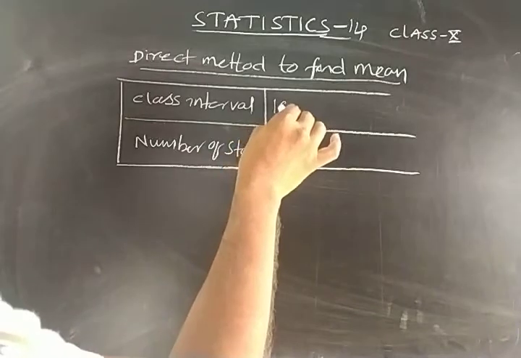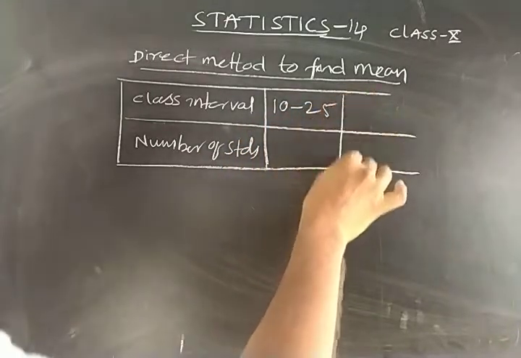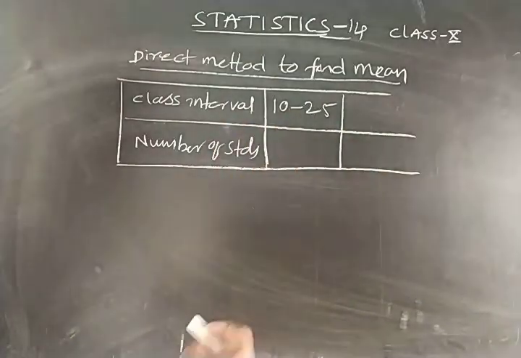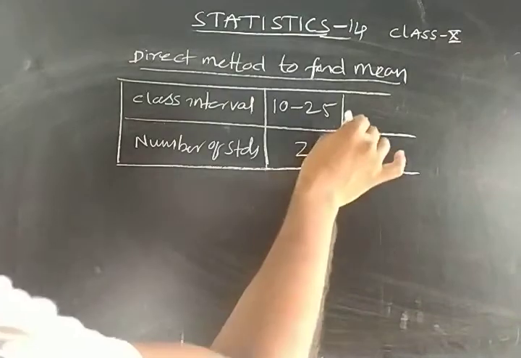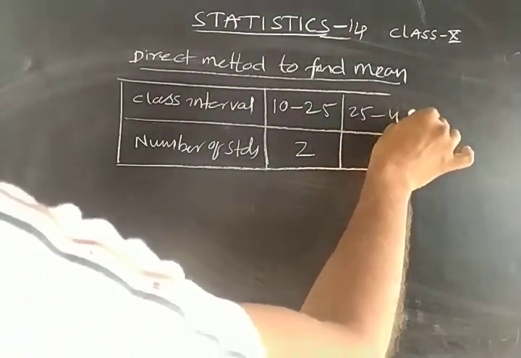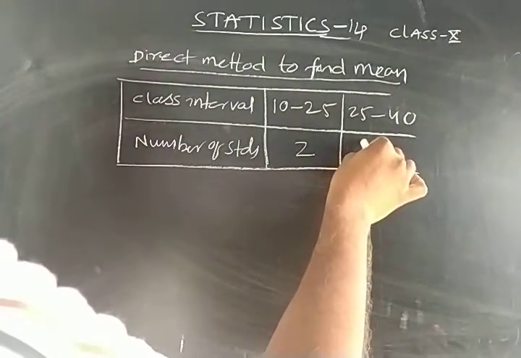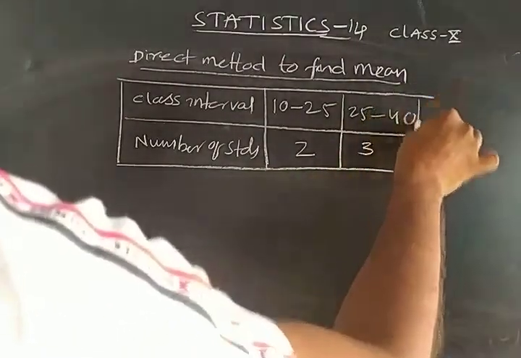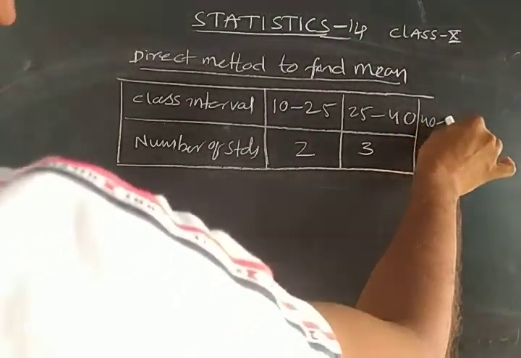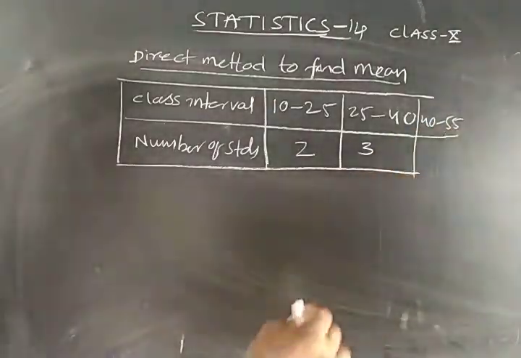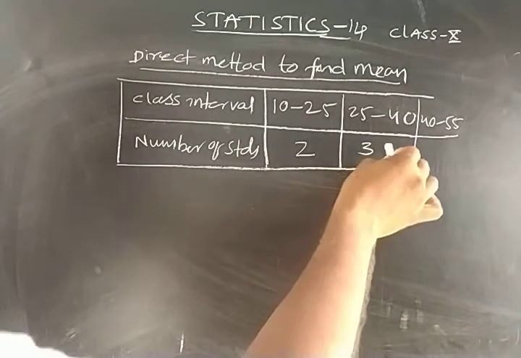Number of students who got 10 to 25 marks: 2 members. From 25 to 40: 3 members. Next, 40 to 55: 7 members.